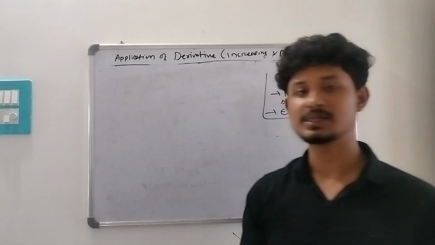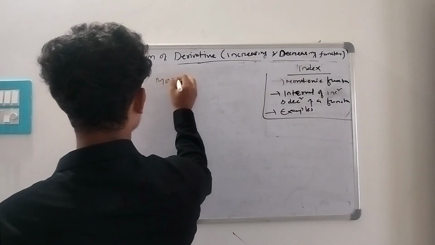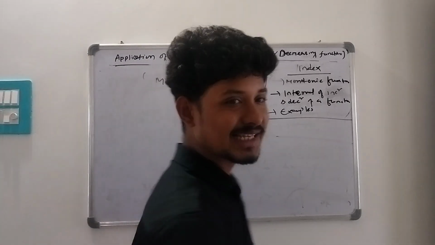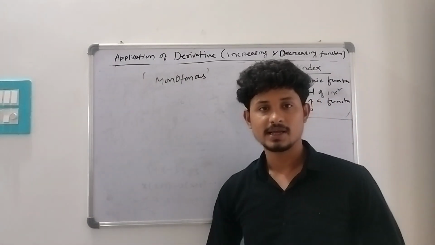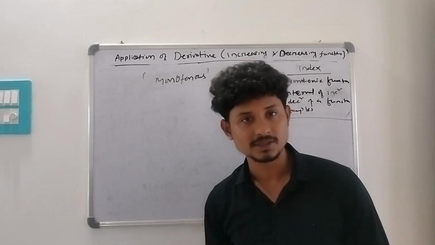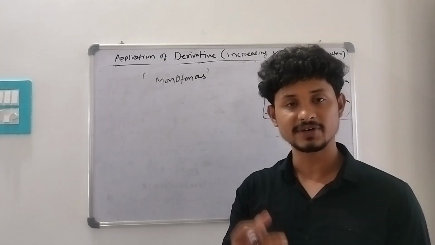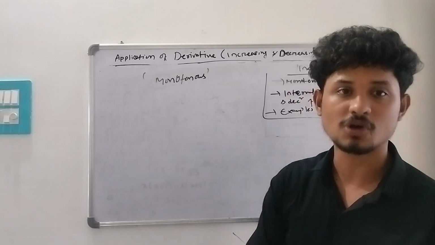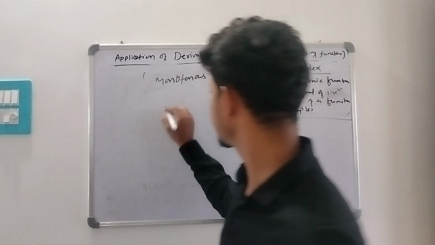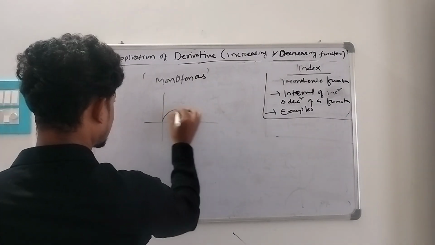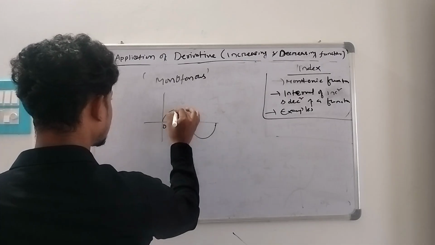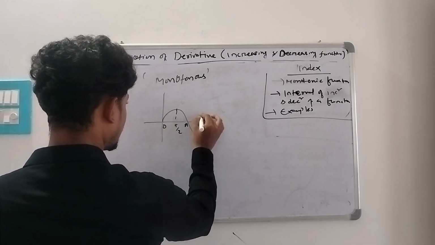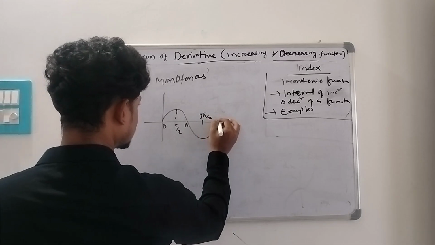So in general language, monotonous means same behavior. But in mathematics, a function is called a monotonic function if it strictly increases or strictly decreases over its domain. Let us take an example of sin x. This is the graph of sin x.